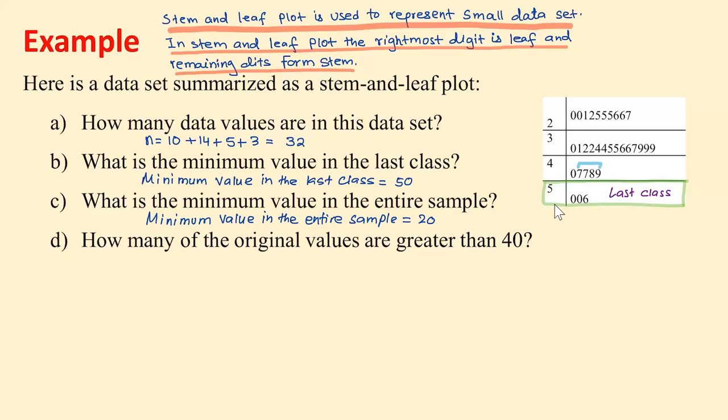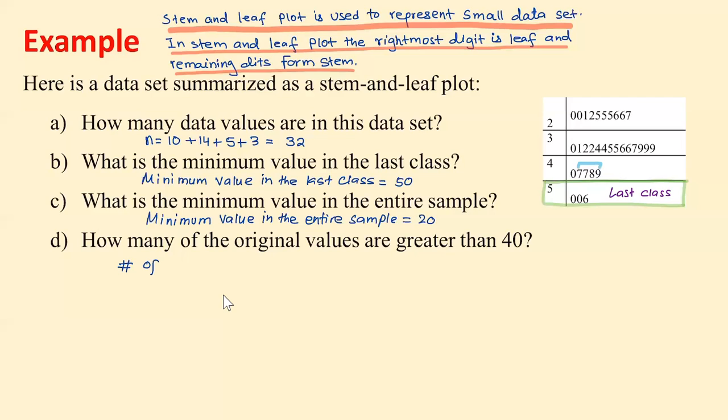And everything in this last line is also greater than 40 because that is 50, 50, and 56. So the total number of values greater than 40 will be 4 from here and 3 from here, that will be equal to 7. So let's write that.